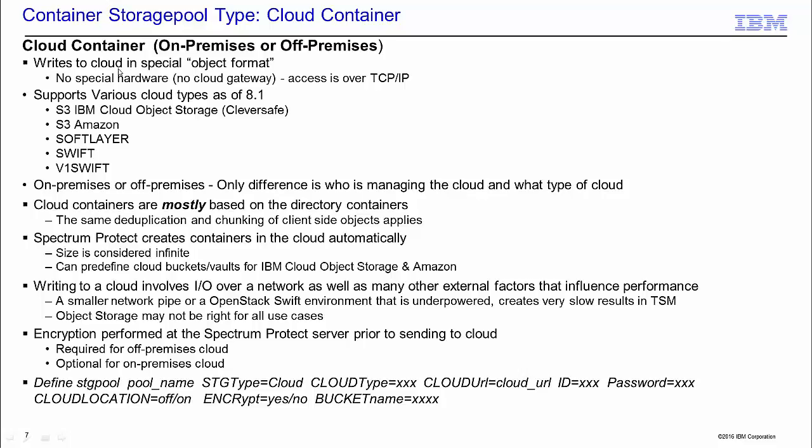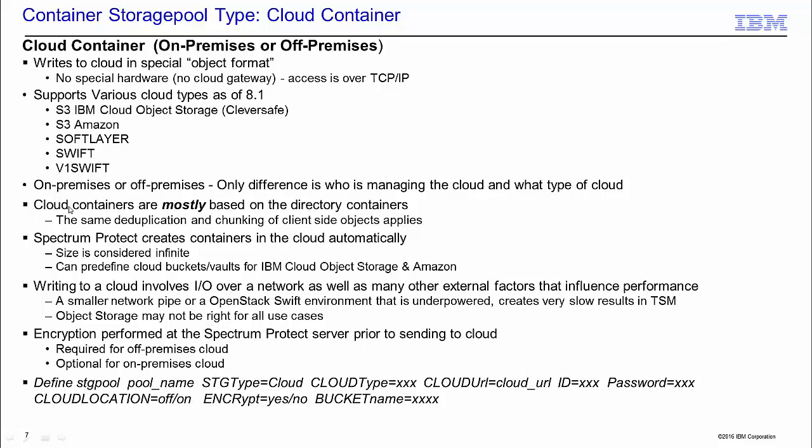We do support, as of version 8.1, S3 IBM Cloud Object Storage, previously known as CleverSafe, S3 Amazon, SoftLayer Swift, and V1 Swift. We only support these two clouds using the S3 protocol. You will see in the near future a procedure that other vendors using the S3 protocol will be able to verify that their cloud works with Spectrum Protect.